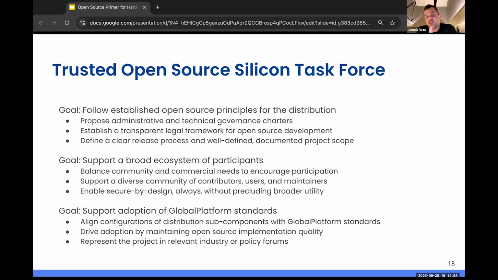So those channels, those communications, are very important to keep a distribution like this really strict and on track.